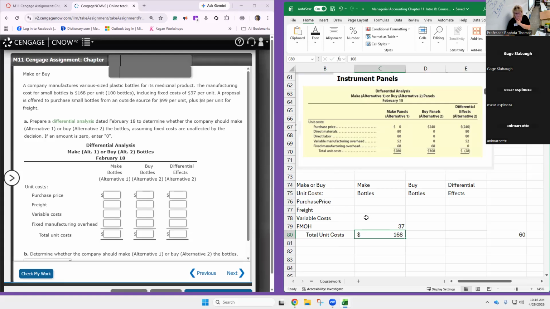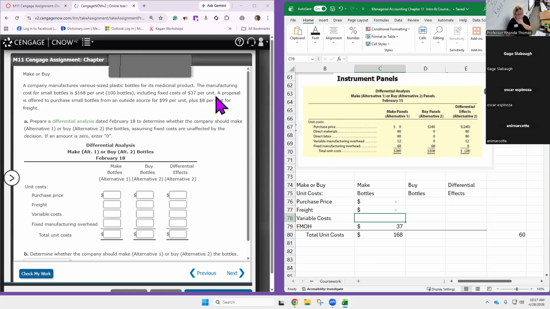And then freight or purchase price is for when we buy bottles. So there's not going to be a purchase price under make the bottles. So put a 0 there. And then the freight is also for having what you purchased shipped, right? So all of these should be dollars now to go together. And then what we'll have to find is the variable costs.